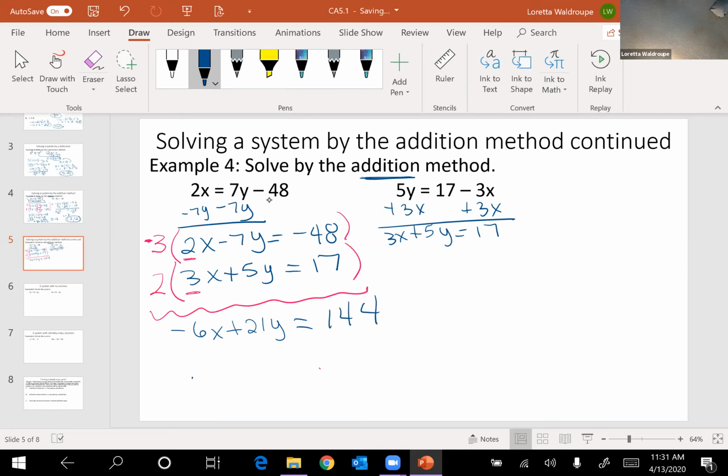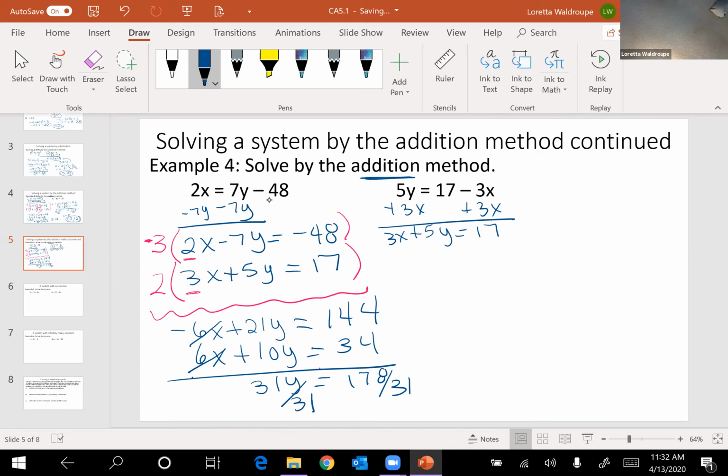And multiplying by 2, 6x plus 10y equals 34. Again, when I add, you notice this time the x's cancel. So I have 31y equals 178. Divide both sides by 31. And it does not reduce.